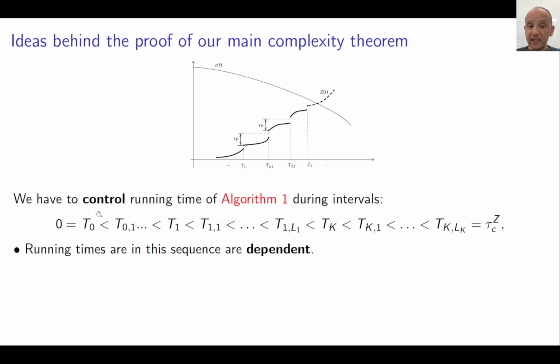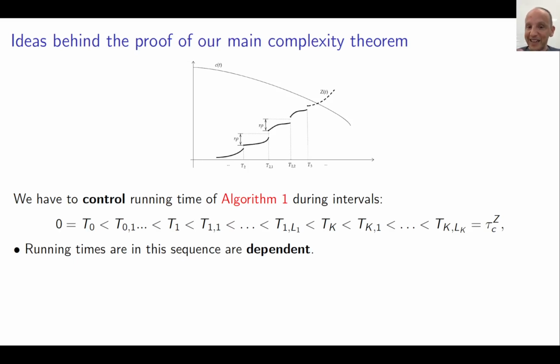Another element is that in each of these time intervals, the workload, in other words, what our running time is going to be, these values are dependent. They're not independent, because when, for example, y jumps over b here, it depends what the overshoot is, and that determines what the next starting point will be and what the next problem will look like.